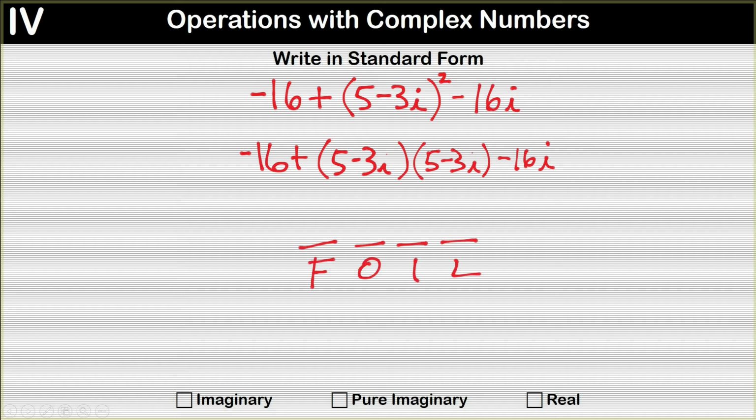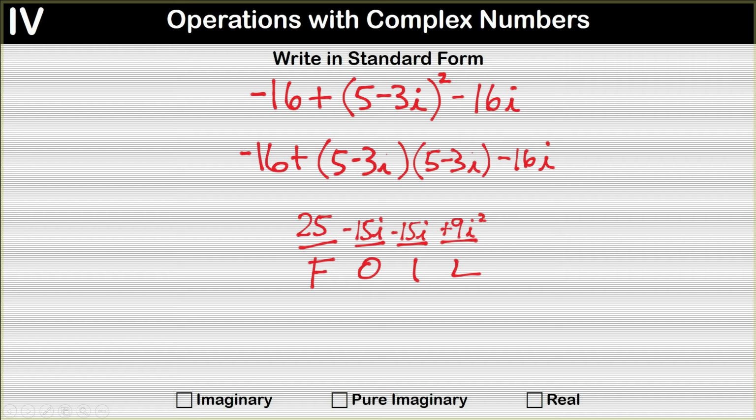So our firsts are 5 and 5, which is 25. Our outer terms are 5 and negative 3i, which makes negative 15i. Our inners are negative 3i and 5, which makes negative 15i. And our lasts are negative 3i and negative 3i, which makes positive 9i squared.